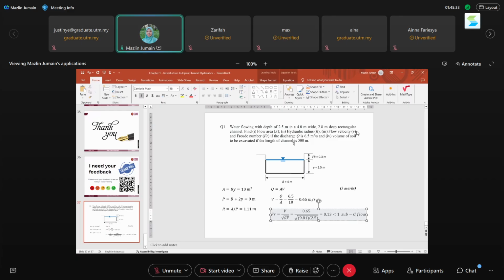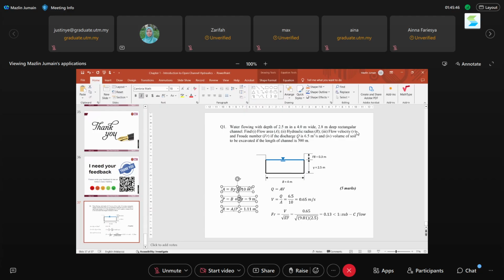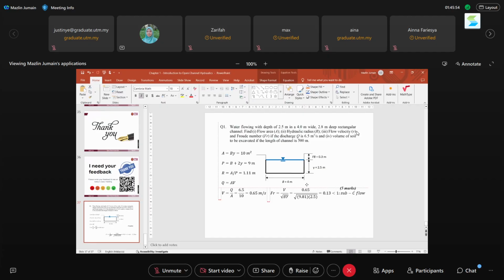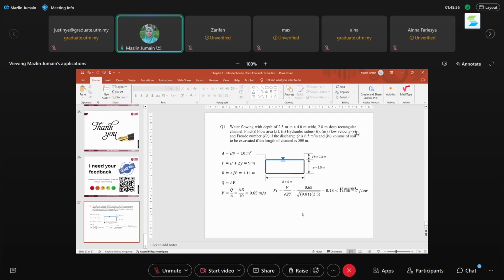And then next, the volume of soil to be excavated if the length of the channel is 500. Then how to calculate the volume?